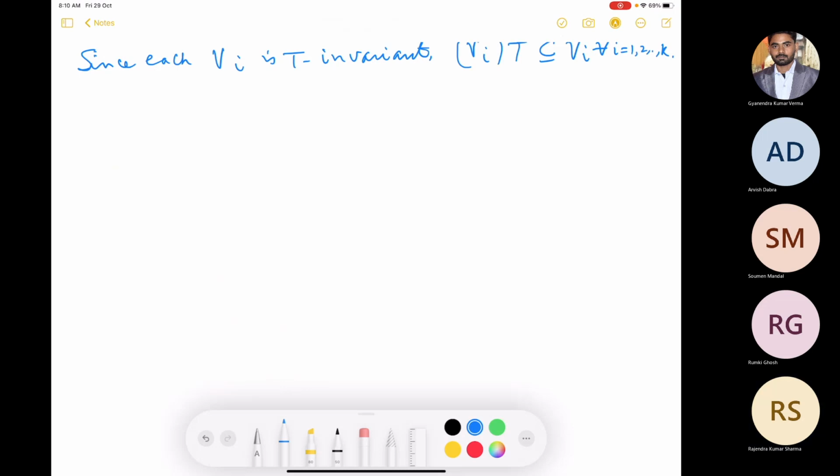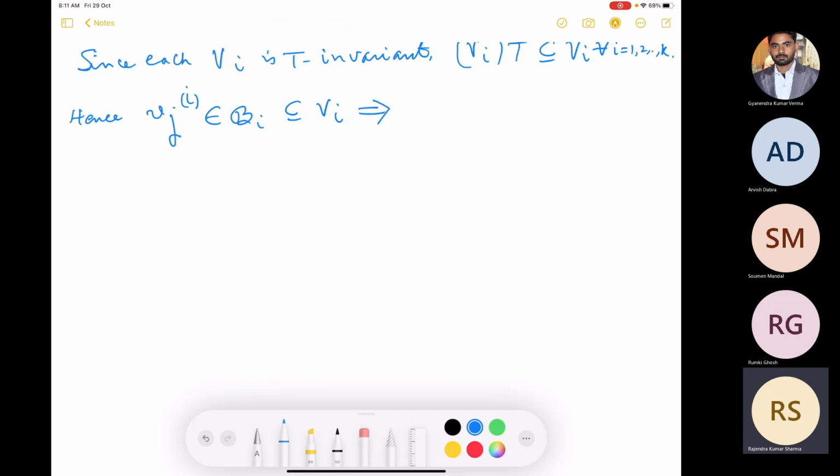This is also given to us. So if you see this, every element, so this Vji, each is in Vi, and so for the basis vector Vji, the jth vector in the basis Bi of Vi, this is in Vi.